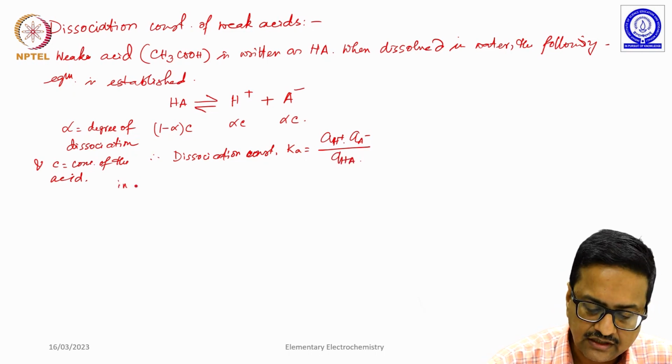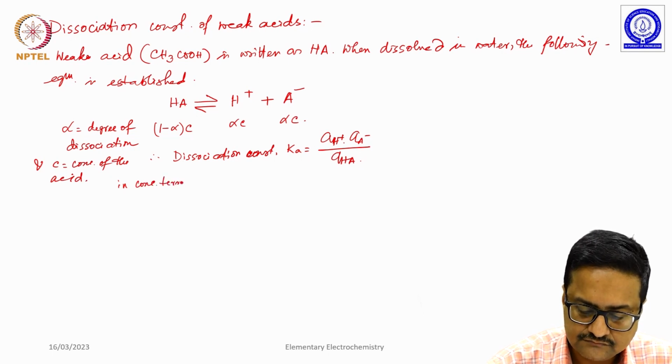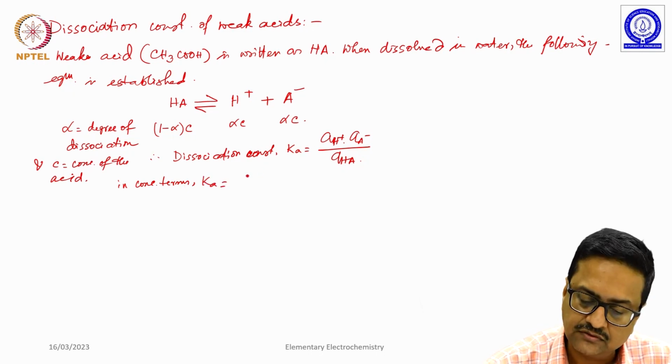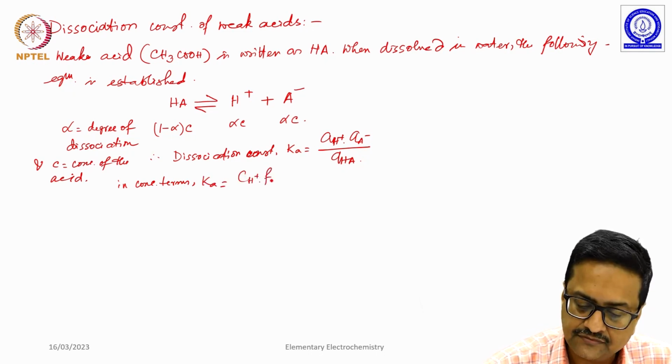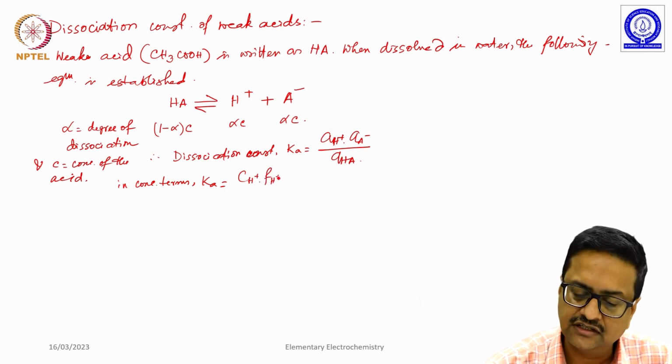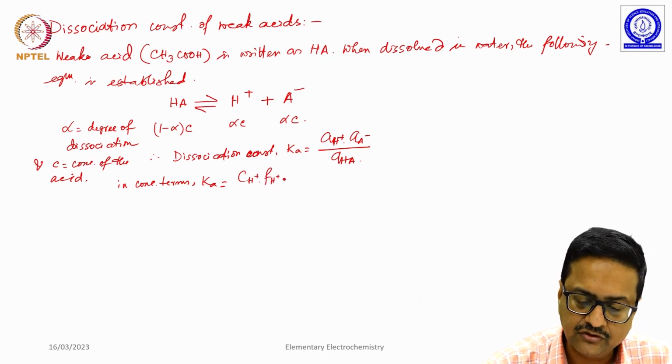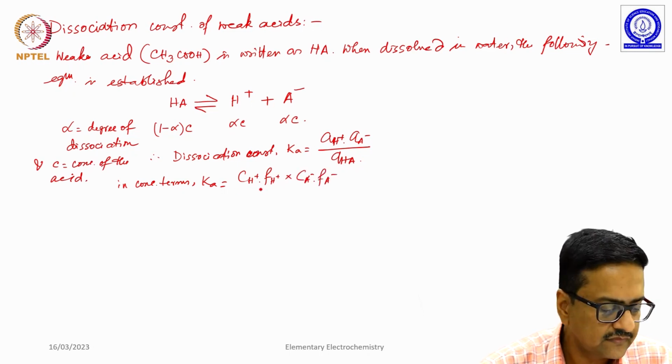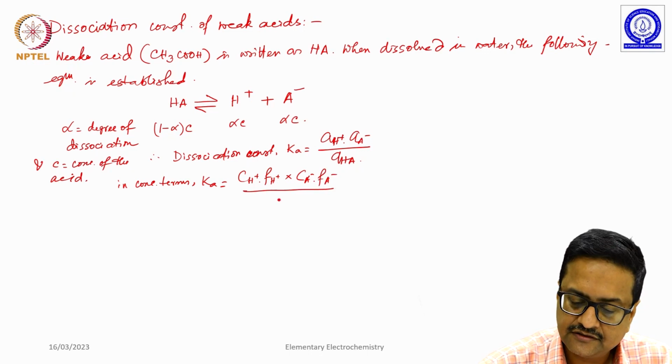So, in concentration terms, one can write Ka equal to CH plus into FH plus, that is the activity coefficient, multiplied by CA minus into FA minus divided by CHA into FHA.